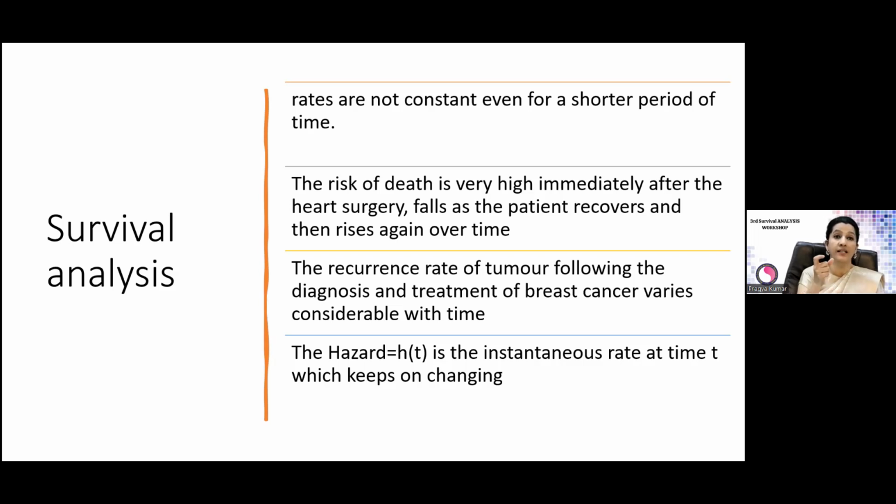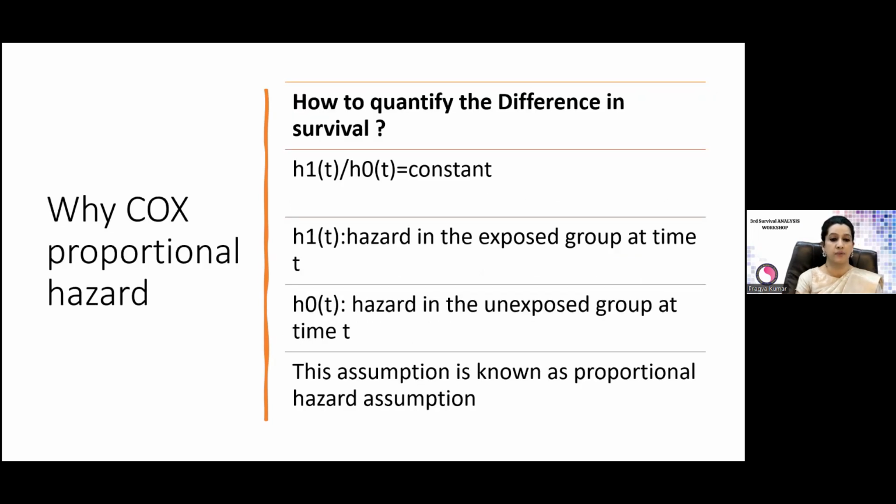That's why we call it instantaneous. That means in a very small delta T, that is the mathematical explanation, like the form we write. In that small time, whatever is the instantaneous potential of that event to happen, that is the hazard rate or hazard.